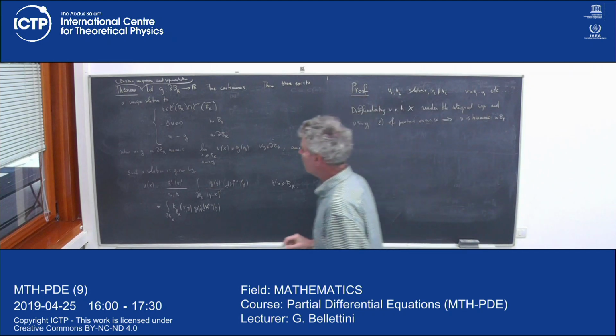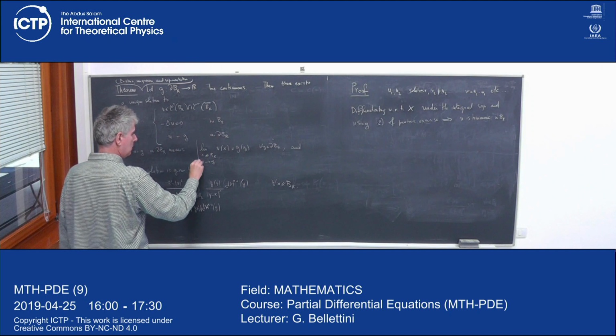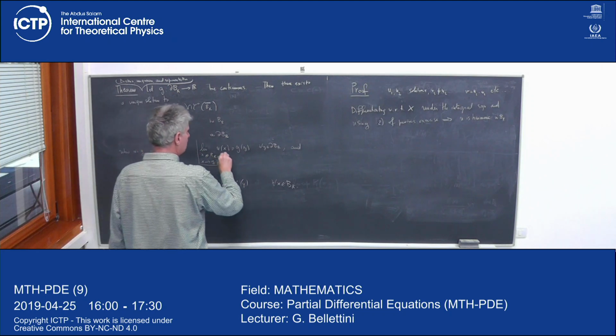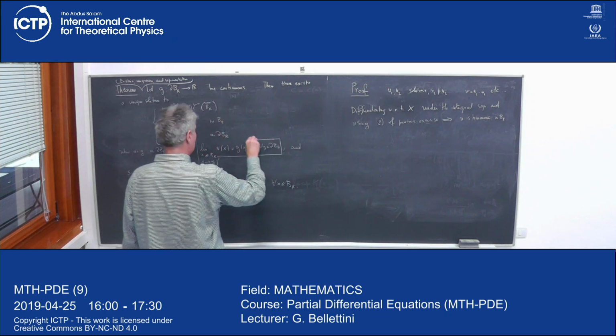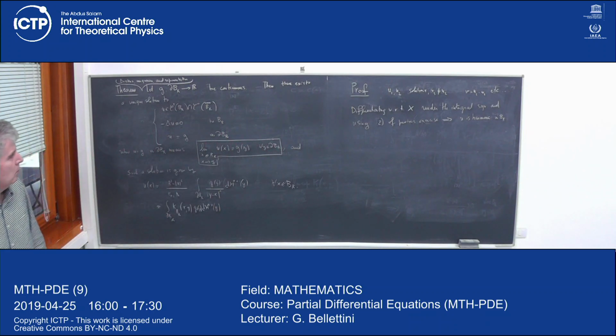So actually what remains to show essentially is this condition here, which is the difficult part. Okay. Attaining the boundary condition. So this is the difficult part. Okay.